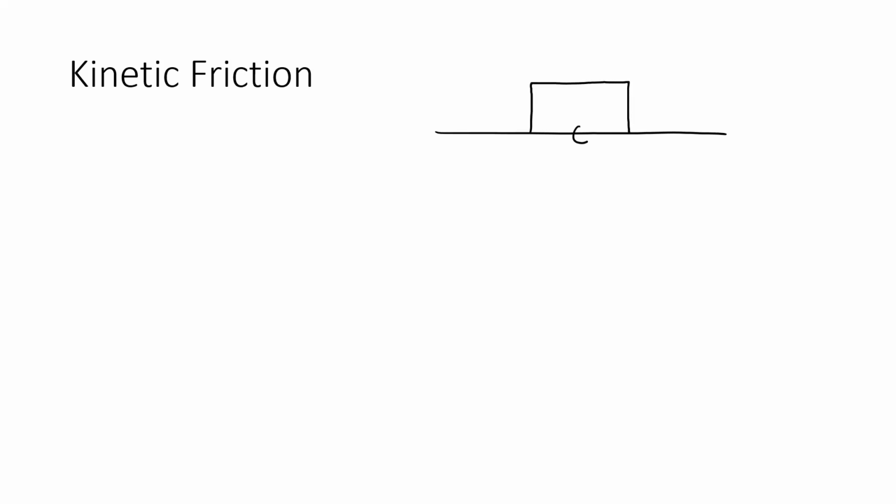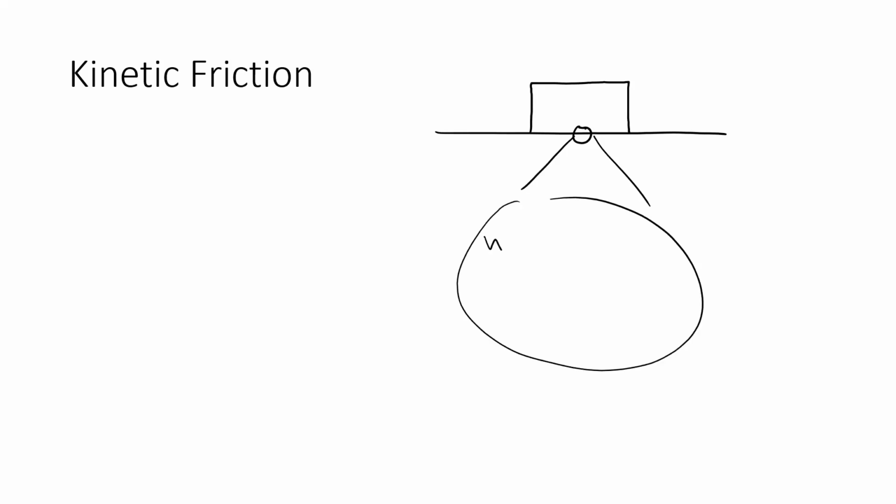So repeating what I did last time, zooming in on where these two things are contacting one another, that little cross section right here. We have these jagged peaks from this box up here, and we have jagged peaks and valleys from the table.